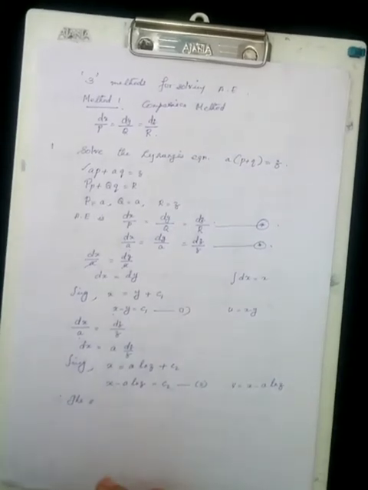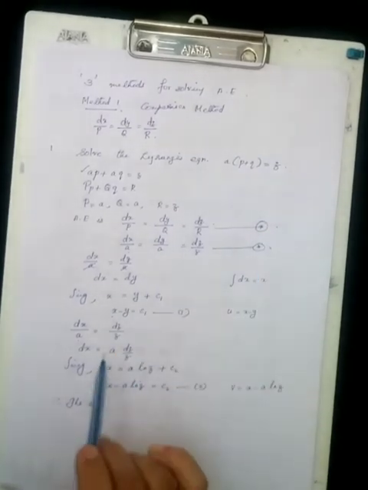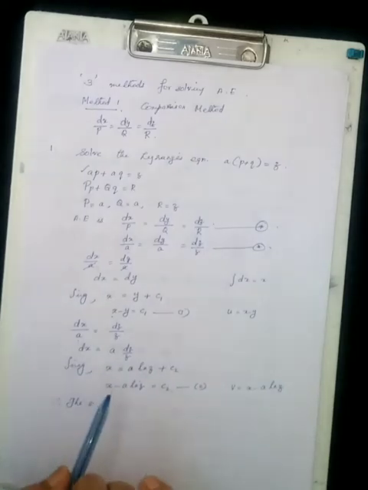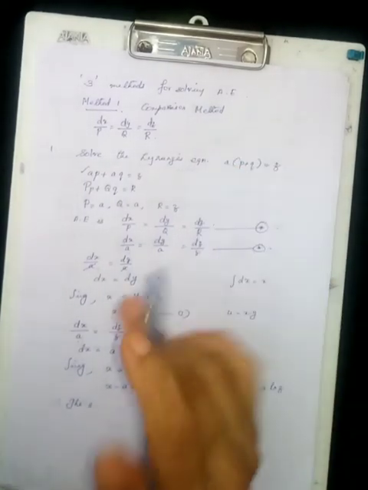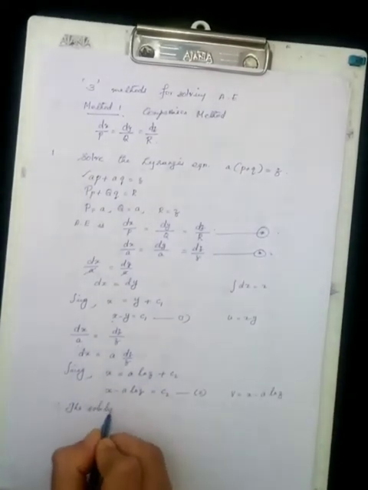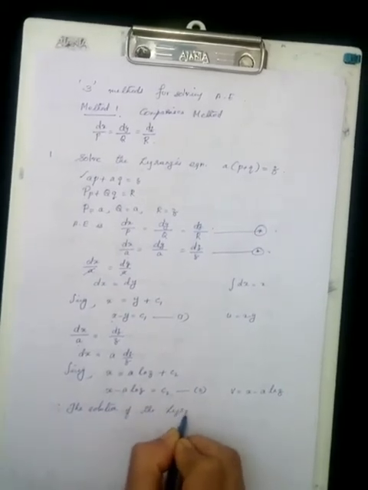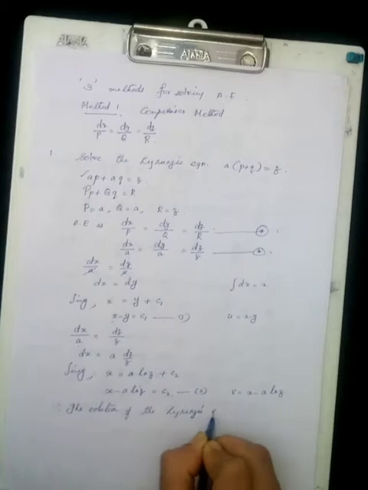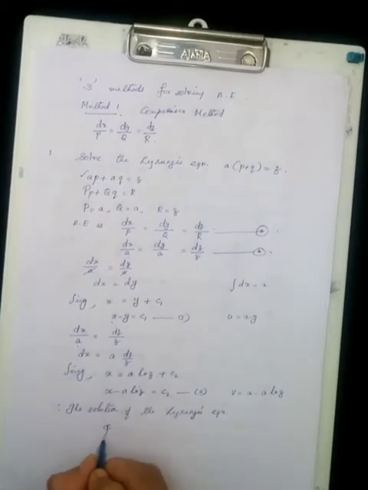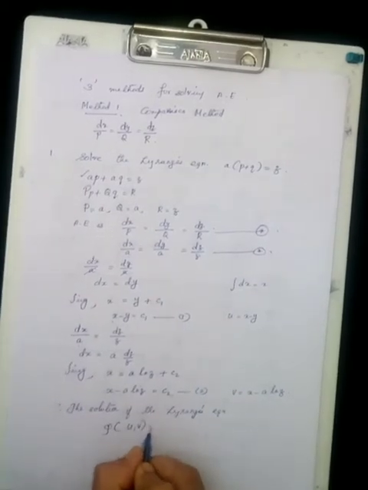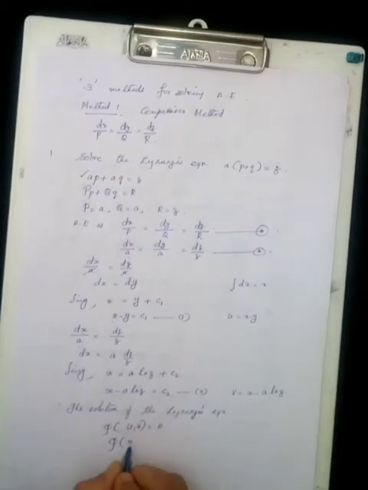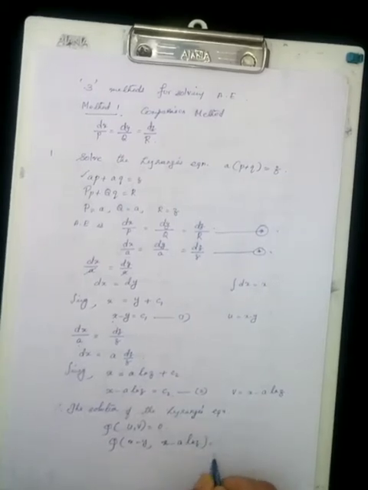Now, the theorem states that if u equal to c1 and v equal to c2 are the solutions of the auxiliary equation, then the solution of the Lagrange's equation will be phi of u, v equal to 0, that is phi of (x minus y, x minus a ln z) equal to 0.